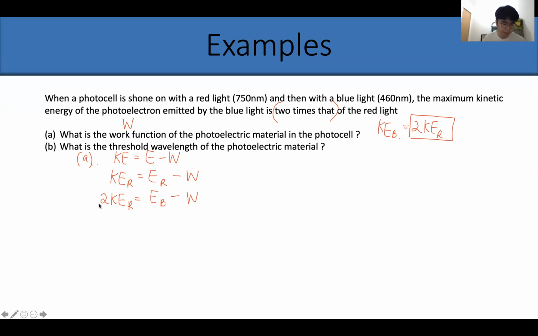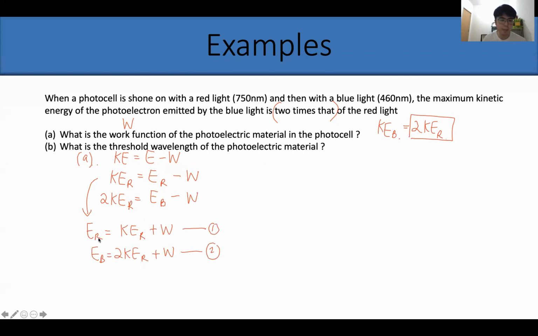Okay, continue. Now, from here, maybe I can move the E R as the subject. Here, ER equals KER plus W. Here I have my equation 1. And the other one here, I move, EB equals 2 KER plus W. Now, I want to calculate the W, right?